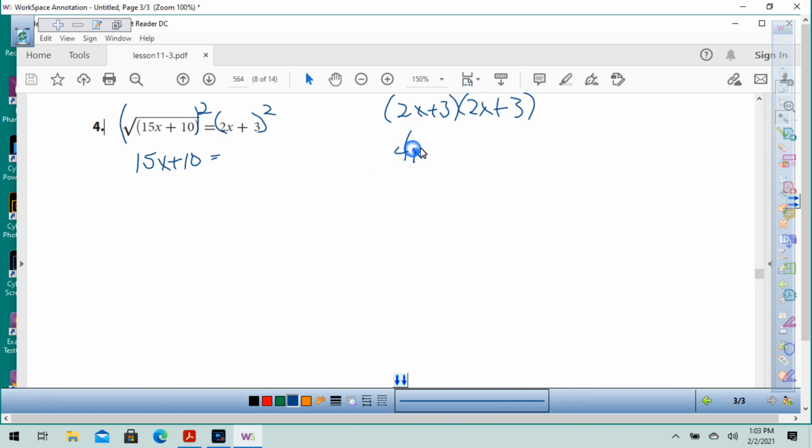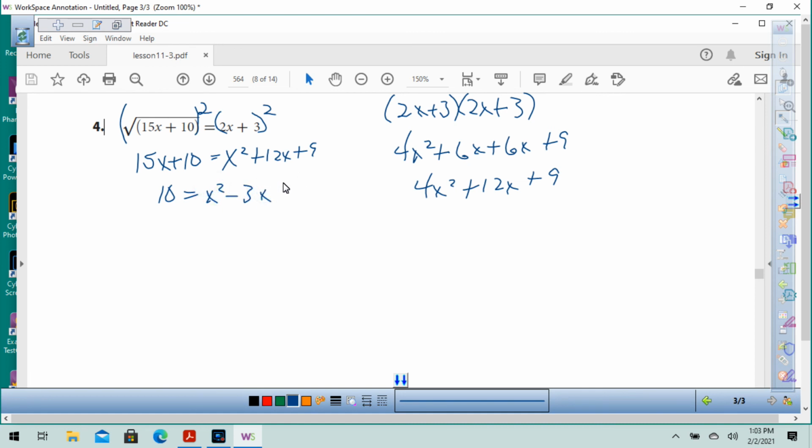That's 4x squared plus 6x plus 6x plus 9, 4x squared plus 12x plus 9. And then we'll subtract 15x from both sides.